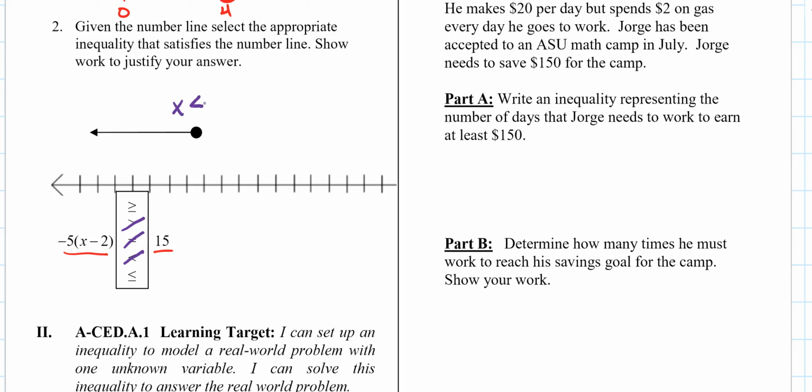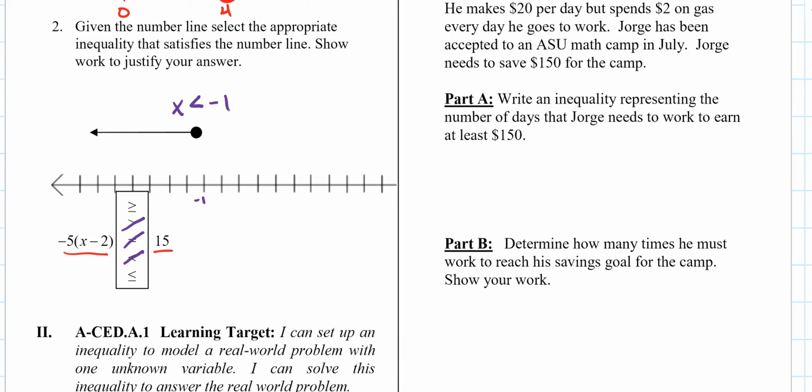And the number, which we can't see on there, but on the actual review it should be a negative 1, so x should be less than or equal to negative 1.